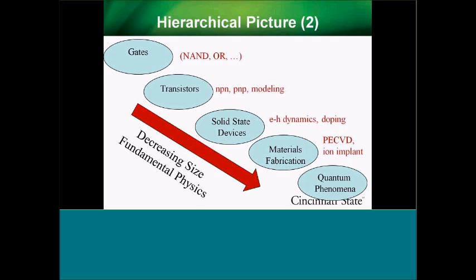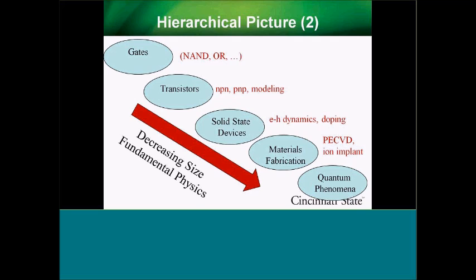As you keep going down, then you start hitting solid-state devices. Then you're looking at how you build transistors. Well, you've got electron-hole dynamics, doping profiles, all this kind of stuff that goes into creating all the junctions and everything inside solid-state devices. And then you go further out from that: how do you actually make those things in materials fabrication, which is where I worked for many years.